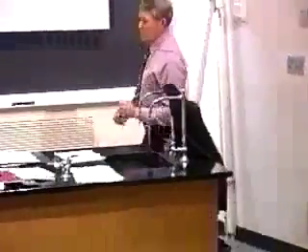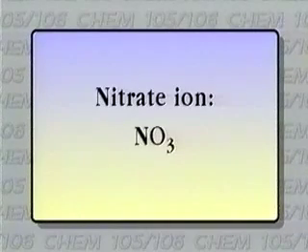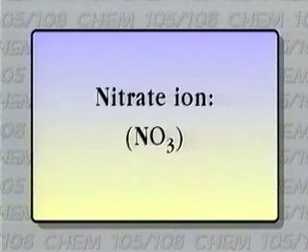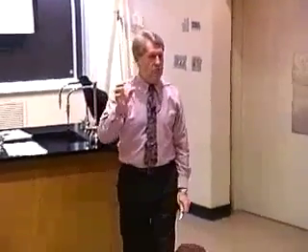For instance, we can have an ion which we refer to as a nitrate ion, and the nitrate ion has a chemical formula, NO3, 3 oxygens and a nitrogen hooked together, and that whole group has a negative charge associated with it. So nitrate is an ion. It's not a molecule, it's a charged species.